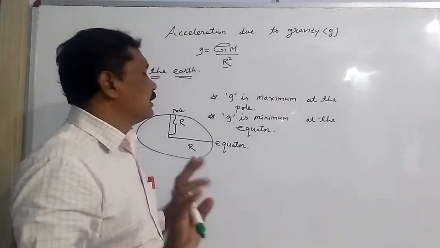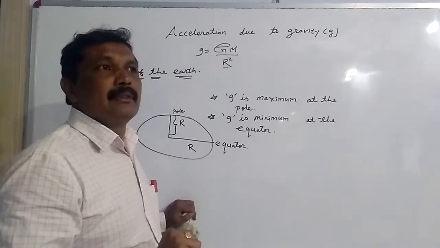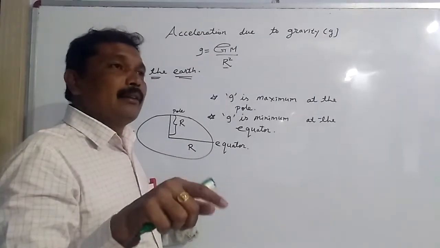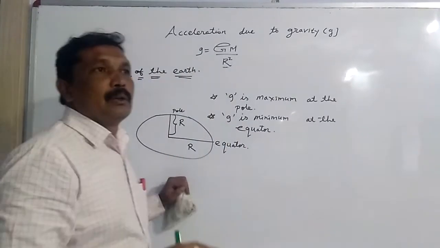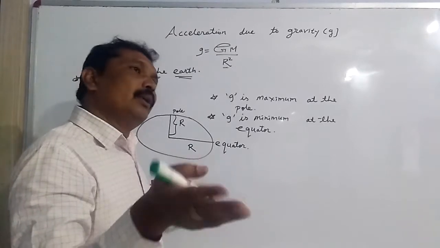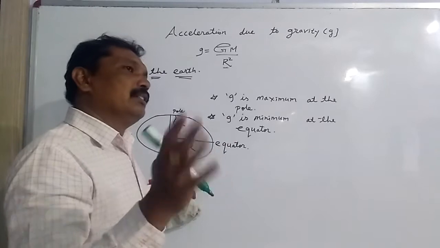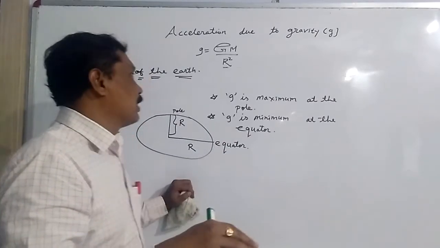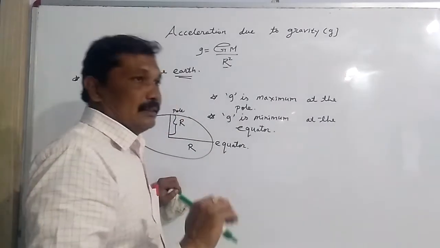The first one is height. If we increase the height, what will happen? Acceleration due to gravity is inversely proportional to R. We add height into R, so the value of R goes on increasing, and vice versa. If it is inversely proportional, then what happens? Acceleration due to gravity goes on decreasing.